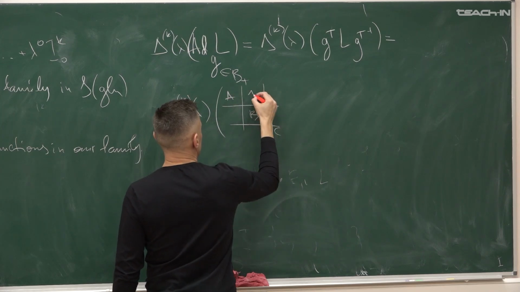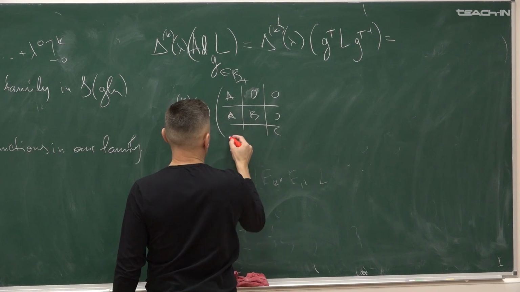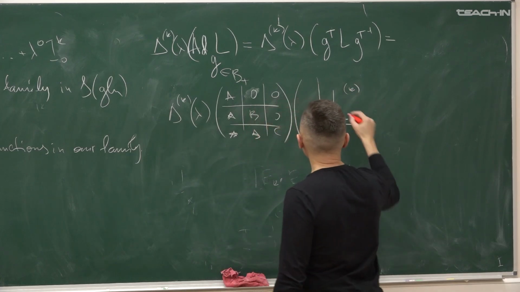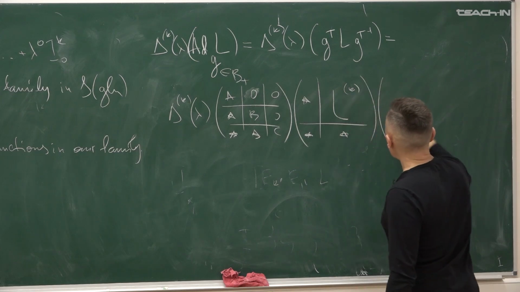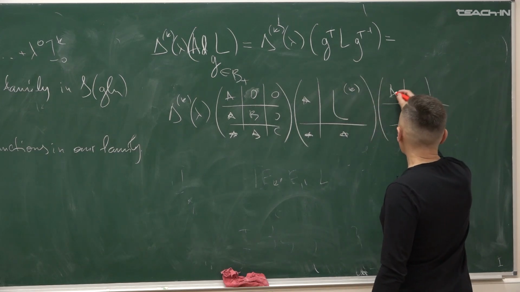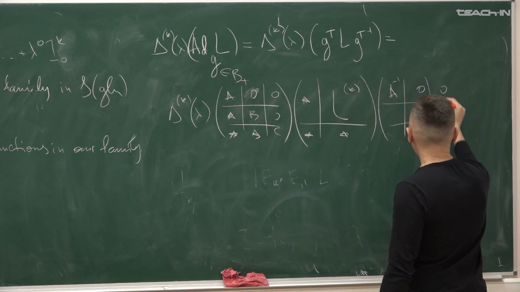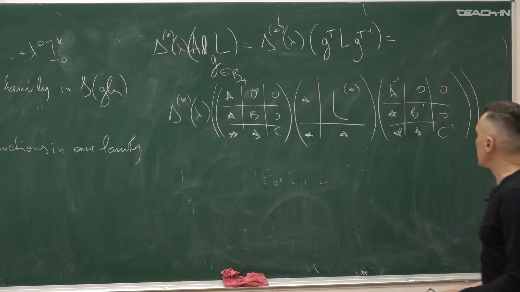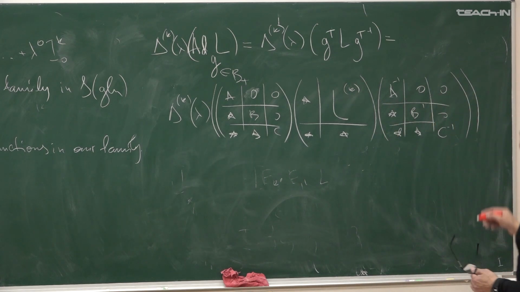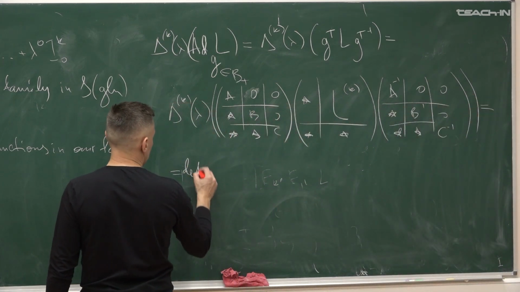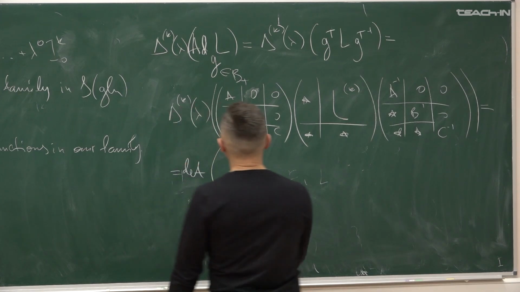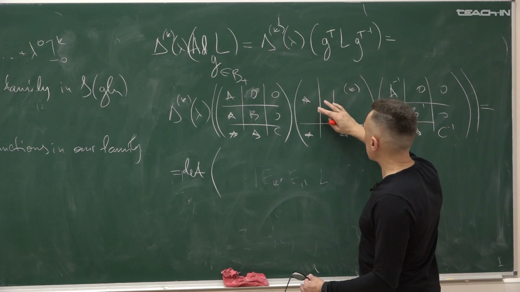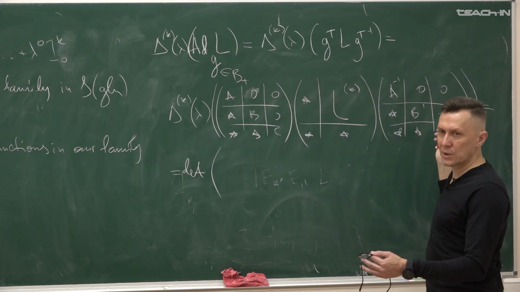A, B, C. Sorry. The determinant. So we have to subtract lambda on the diagonal, and then calculate this corner of the resulting matrix.